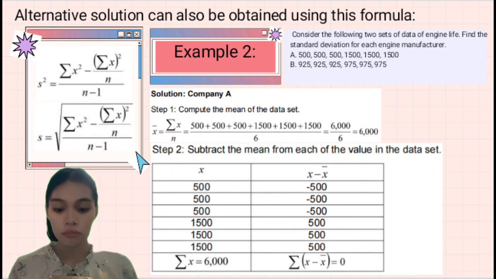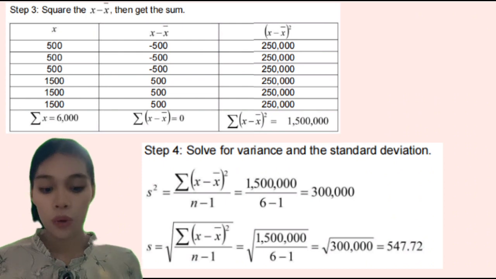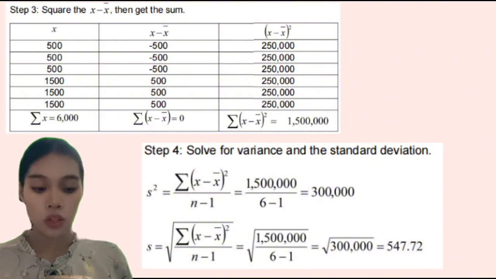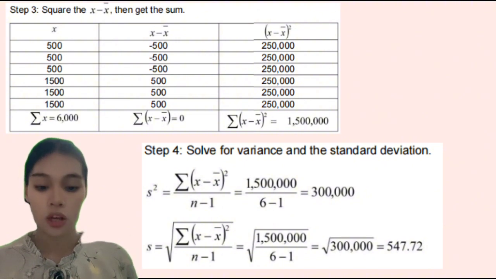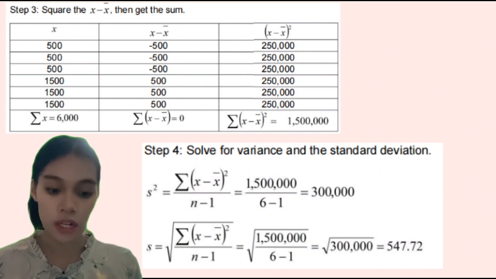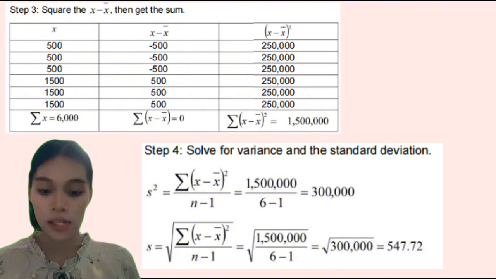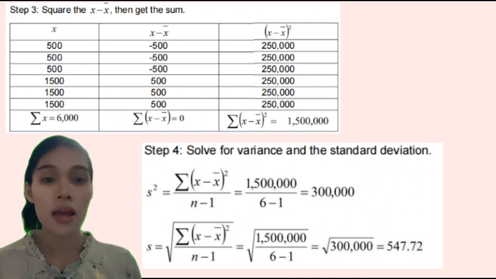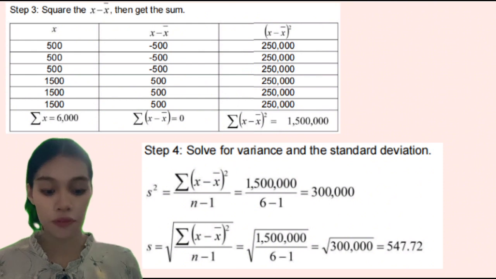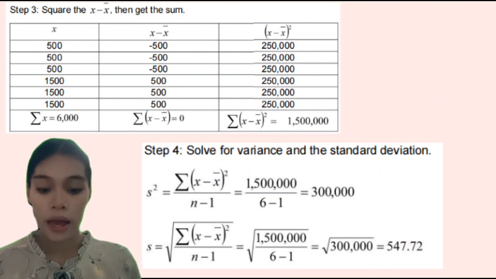For the third step, we also have the third table. How do we get the values over there? We need to square the values in the second table. We have the 3 negative 500s and the 3 positive 500s. We need to square them and get the sum. Negative 500 squared is 250,000, and that goes on until the last value because they all have the same value.